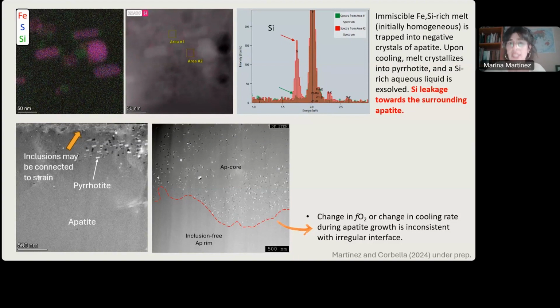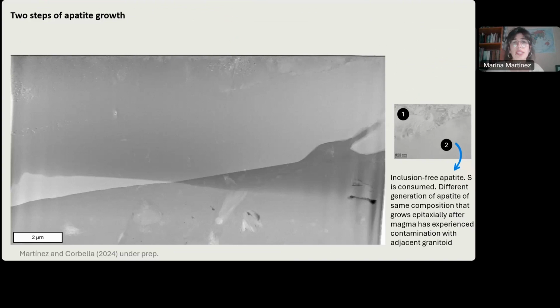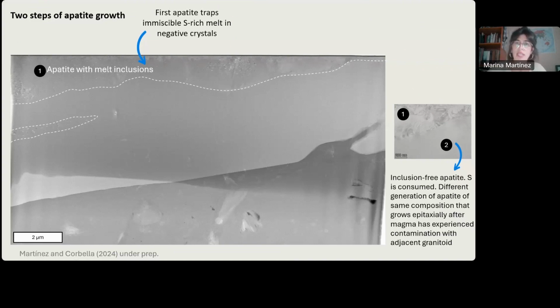So the fact we see this irregular interface made us conclude that we are seeing two steps of growth in the apatite. First, we have apatite crystallizing, taking immiscible sulfur-rich melt that was trapped in these negative crystals of apatite and made these inclusions.